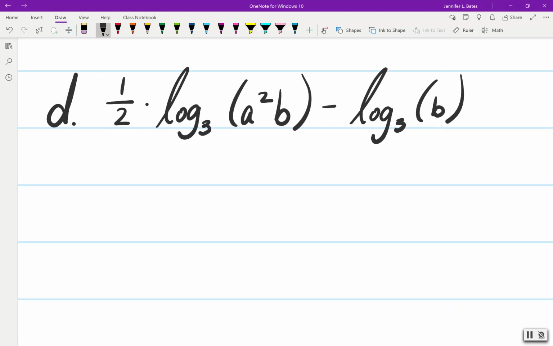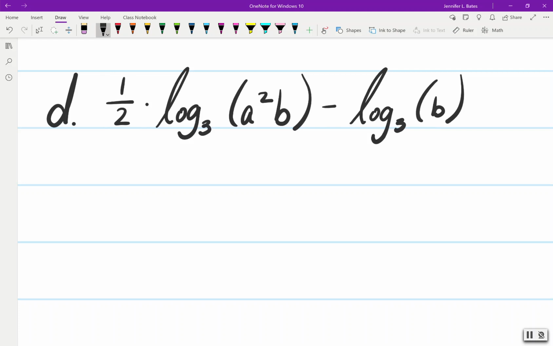Just like the last problem, what do we have to take care of first? The 1/2, good. So the 1/2, I've got to do something with that.